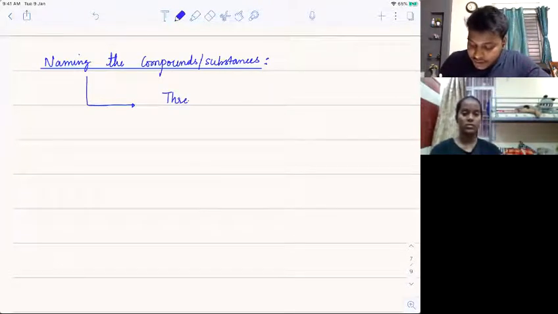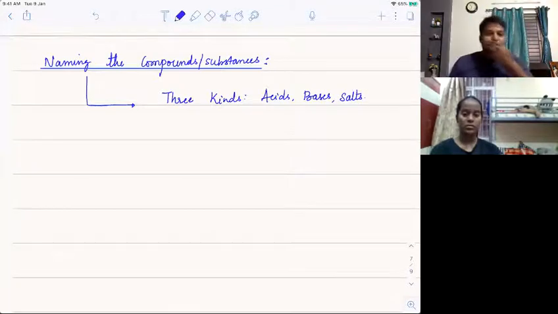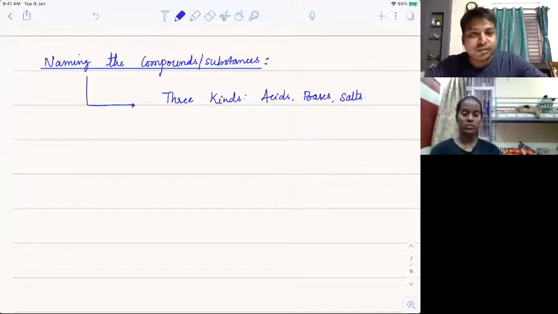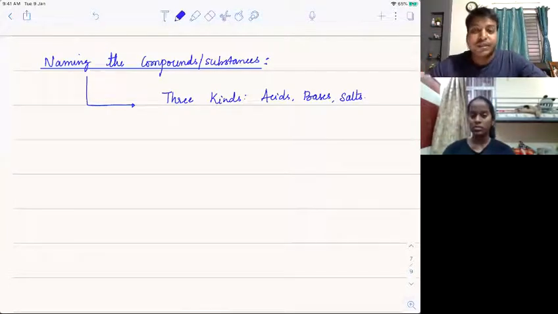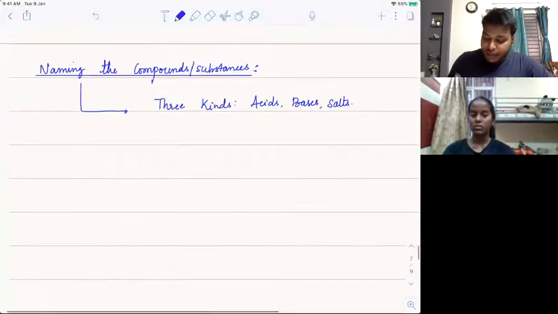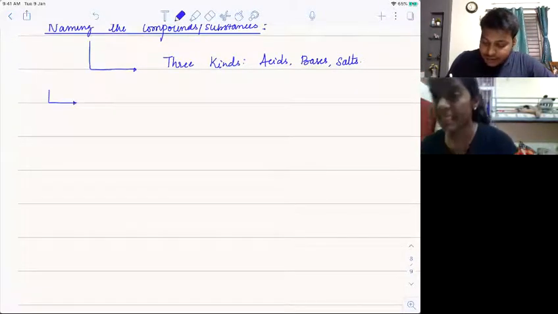All the substances around us we can categorize into three kinds: acids, bases, and salts. Everything, right from the food which we eat, we consume acids, bases, and salts. So every compound and every substance around us, we can categorize into these three broad aspects: acids, bases, and salts.